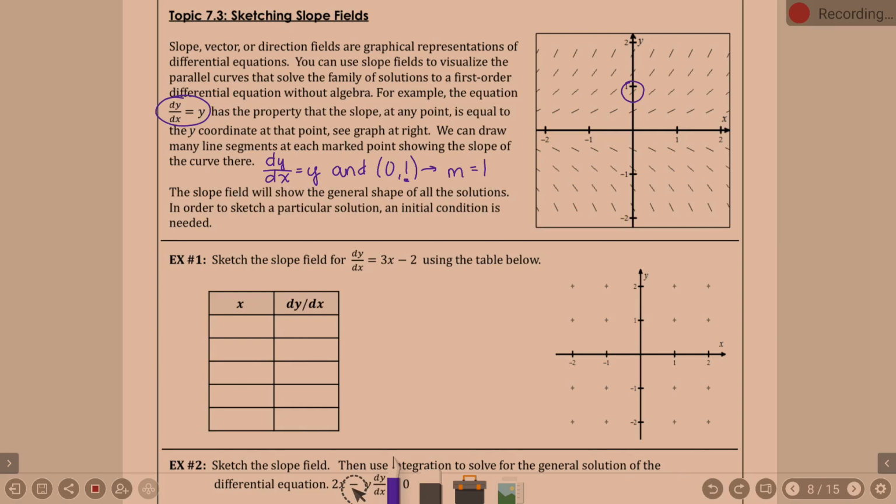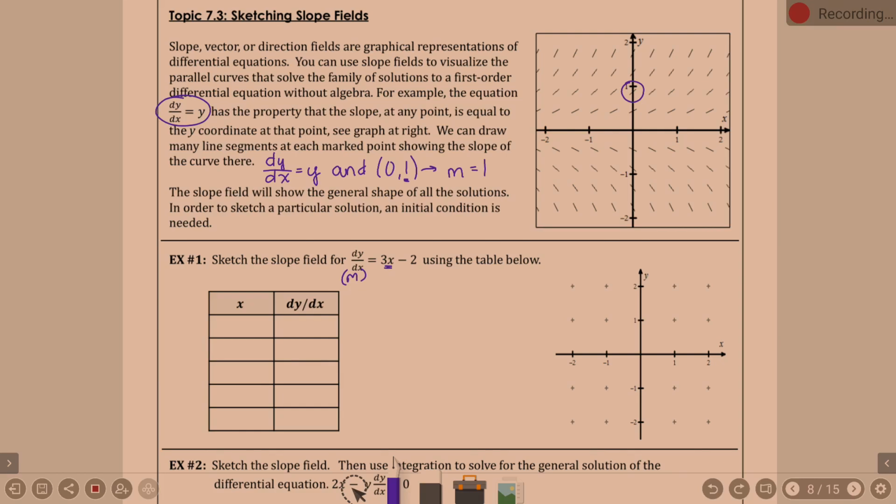You'll notice in this table, there's only an x value. They don't have a y column. Why is there only an x column? Because it's just 3x minus 2, right? There's no y value. So my slope is only going to depend on the x value. And remember again, dy/dx is your slope.